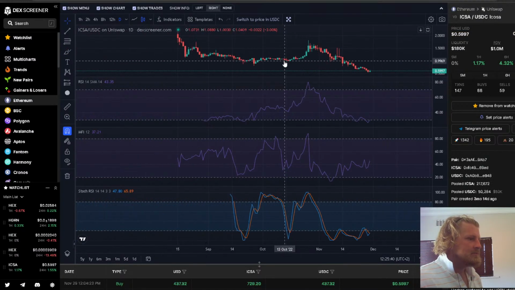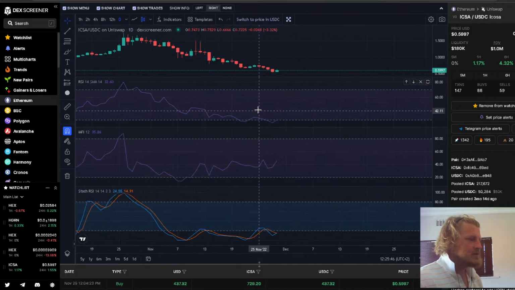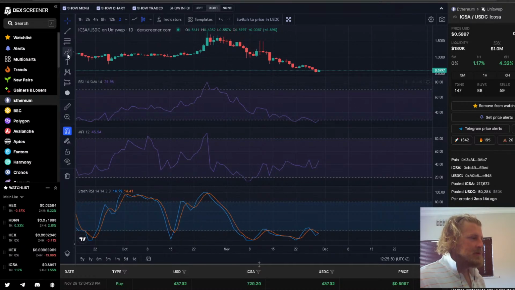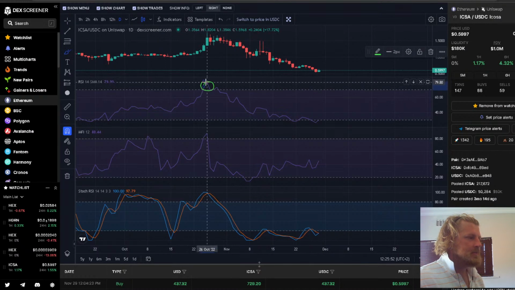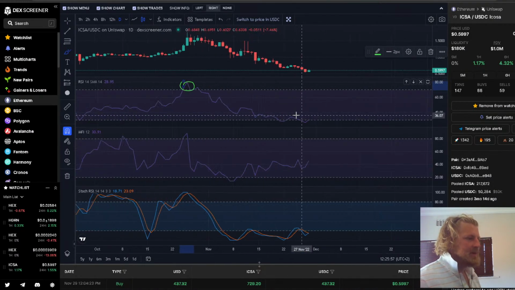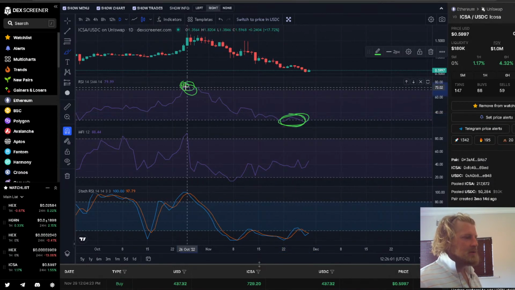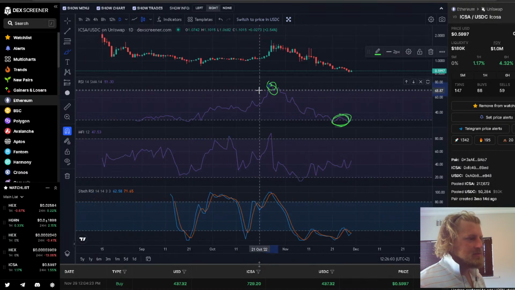This is ICOSA versus USDC. Very oversold on the RSI, but we were pretty oversold at the top up here, and now we've come all the way down. But down here is where you should be interested if you're interested in this coin, and not up here. But that's pretty much what the market does, right?